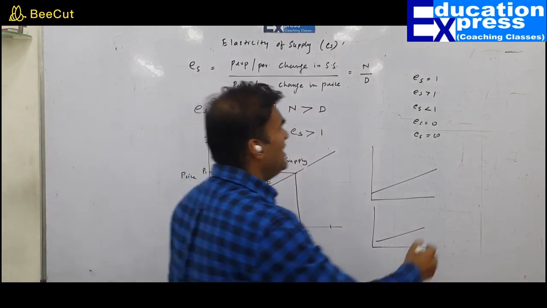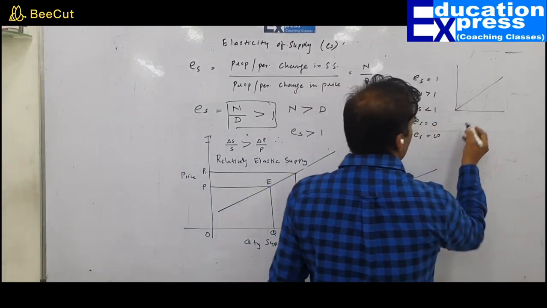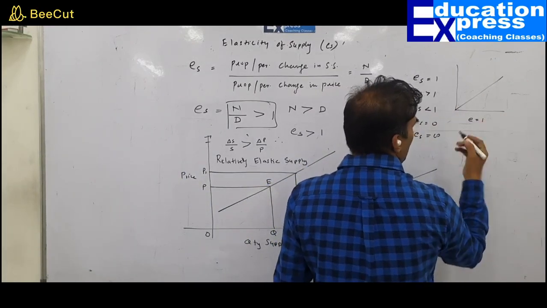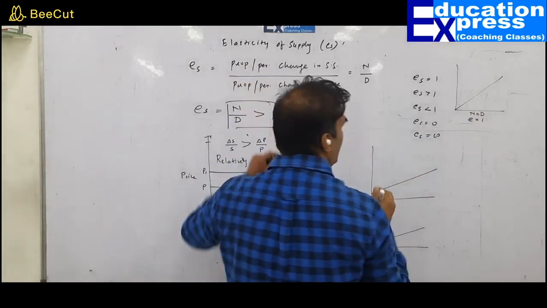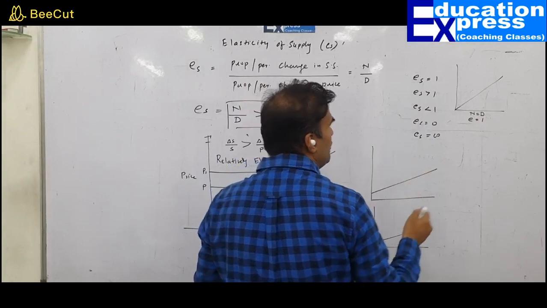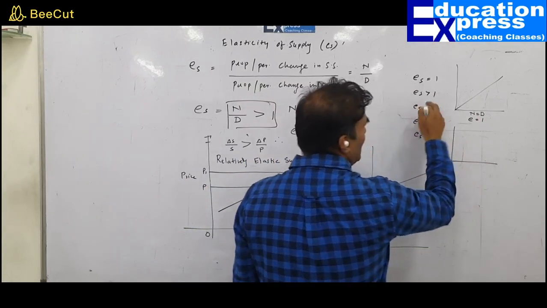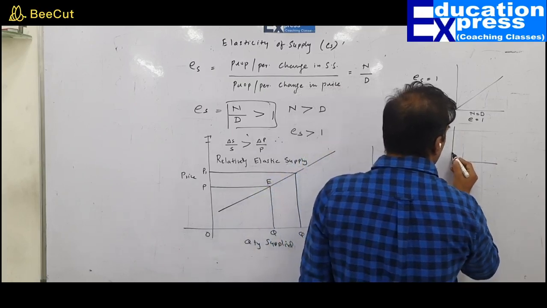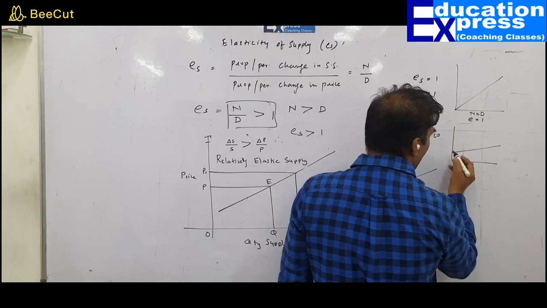So the first case, what we discussed, 45-degree, E was equal to 1. Why, sir? Because the numerator and denominator both were equal. Proportionate change in supply was equal to proportionate change in price. Second one, E was greater than 1. How to do? Gradual sloping. If you do so, this is your supply curve.